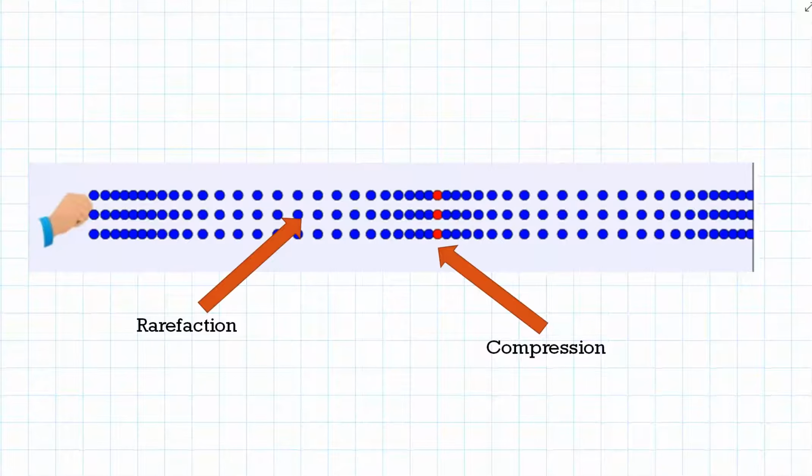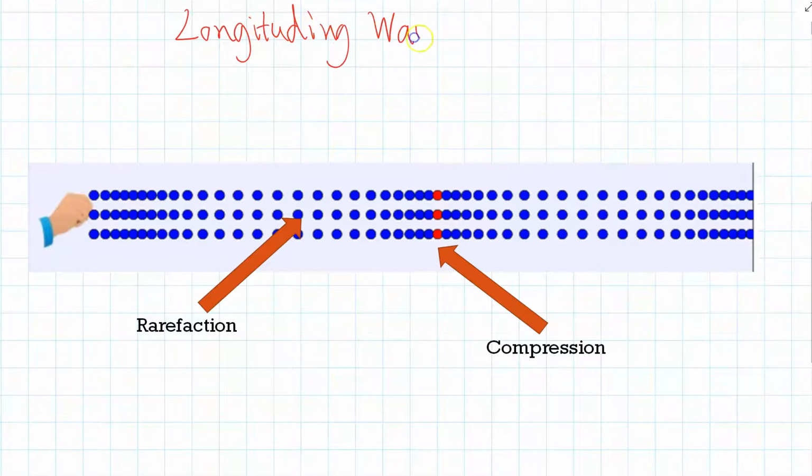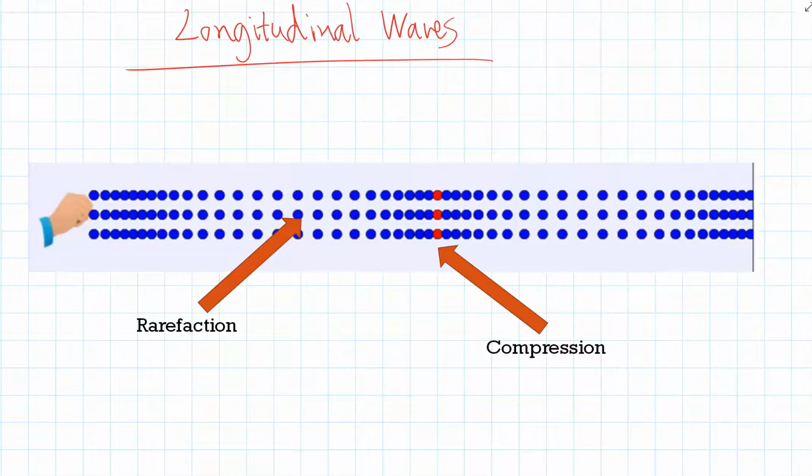Okay, so here's a diagram of a sound wave again. And remember, sound waves travel through longitudinal waves. And we need to be able to describe these two words to do with a longitudinal wave.